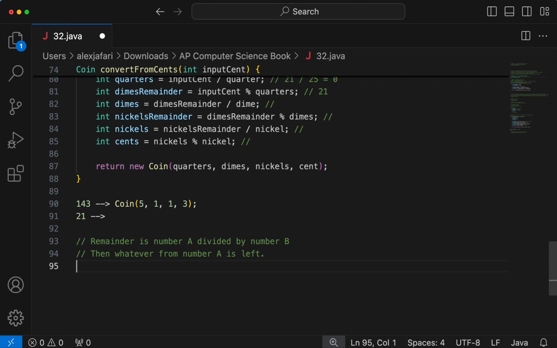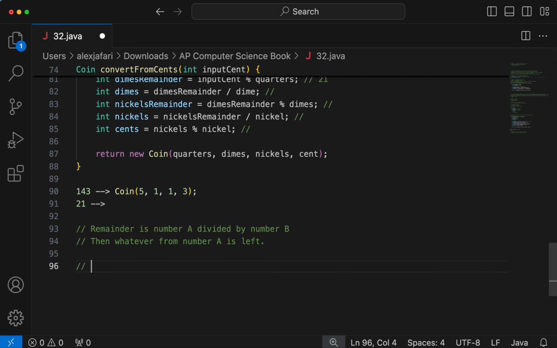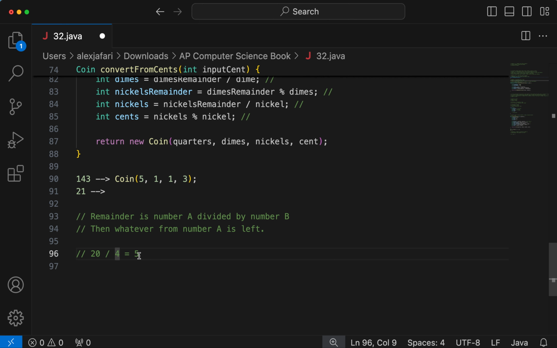So, for example, if you have 20 divided by 4, that equals 5, right? Yeah. What is 4 times 5? 20. So there's nothing left. So it will be 20 minus 20, and it will be 0. So the remainder is 0.